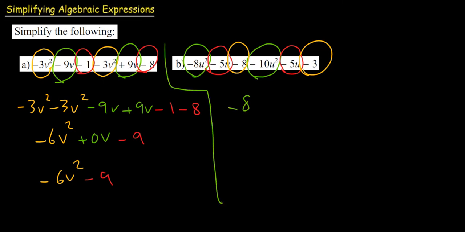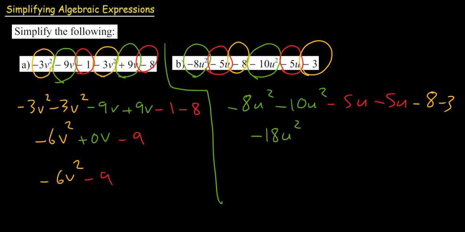So we've got negative 8u squared, negative 10u squared. We've got negative 5u, negative 5u. And then we've got the numbers, negative 8, negative 3. Okay, so I'm just going to write the answers down below. Negative 18u squared, negative 10u, and then negative 8, 9, 10, 11.